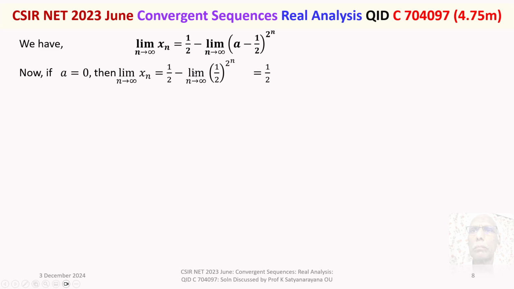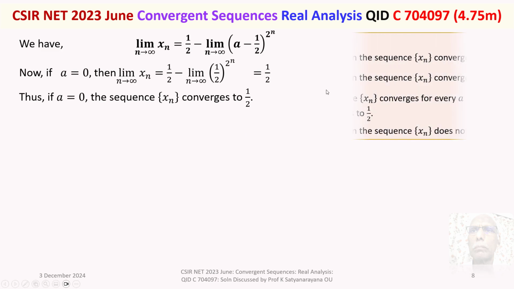As n tends to infinity, this will tend to 0, because 1 by 2 is less than 1. So, when this becomes 0, it is 1 by 2. This means if a is 0, then the sequence xn converges to 1 by 2. That's the conclusion we brought.